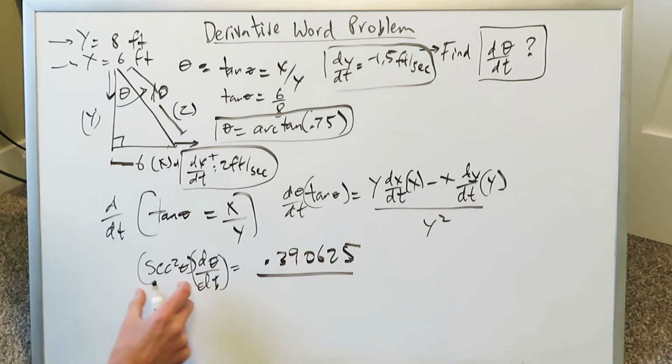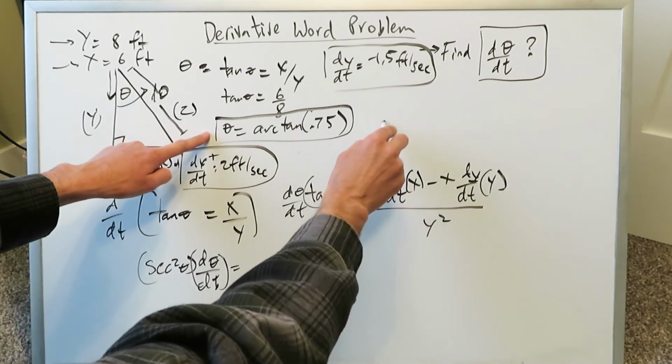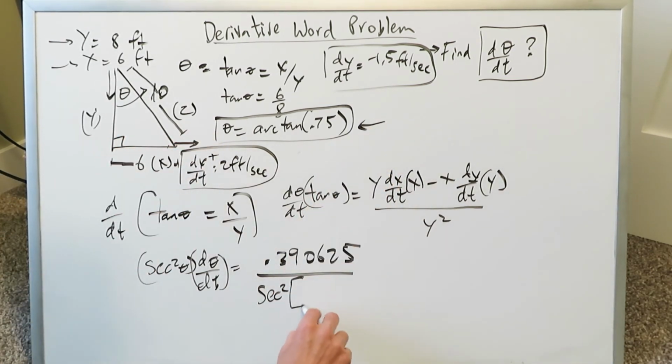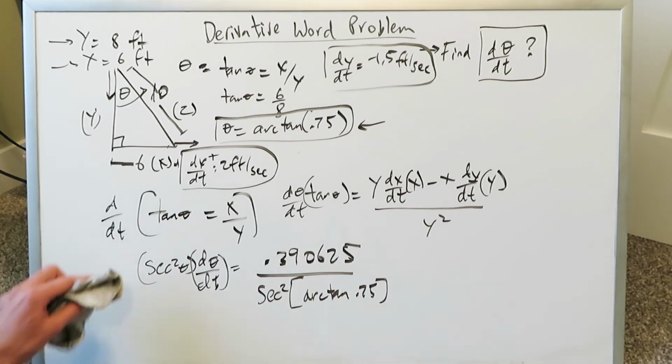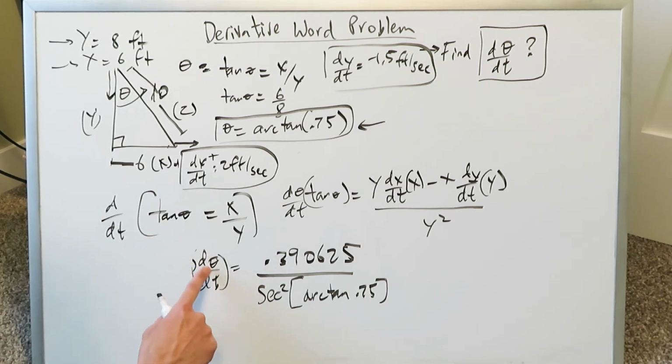I would take this secant squared value to the other side, but when I do, I'm going to apply it with regards to theta. We know theta is equal to arc tan of 0.75, so I'm doing secant squared of arc tan 0.75, and then we have that value to be determined, and that right there will give you exactly what you're looking for, which is a change in this angle over change in time.